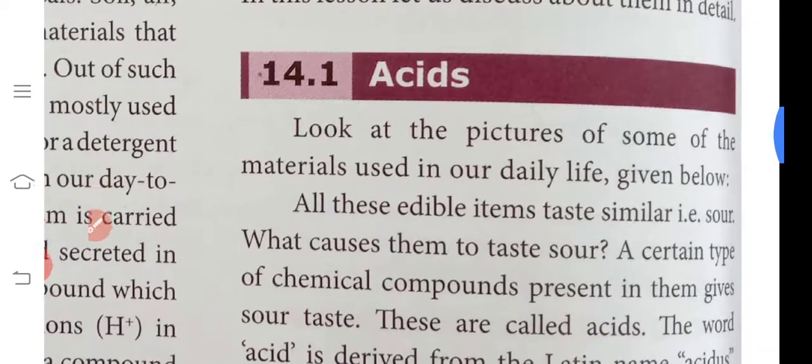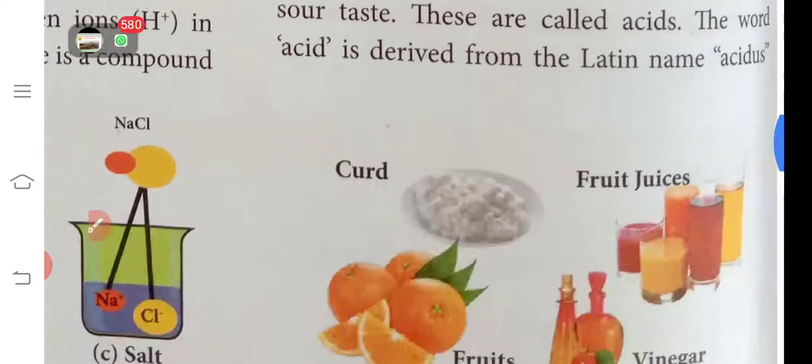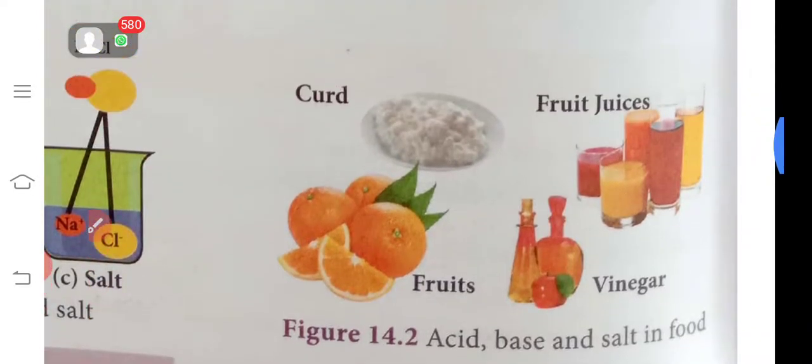Listen, first one, acids. Look at the pictures of some of the materials used in daily life given below. These are curd, fruit juices, fruits and vinegar, things you use in your day-to-day life.